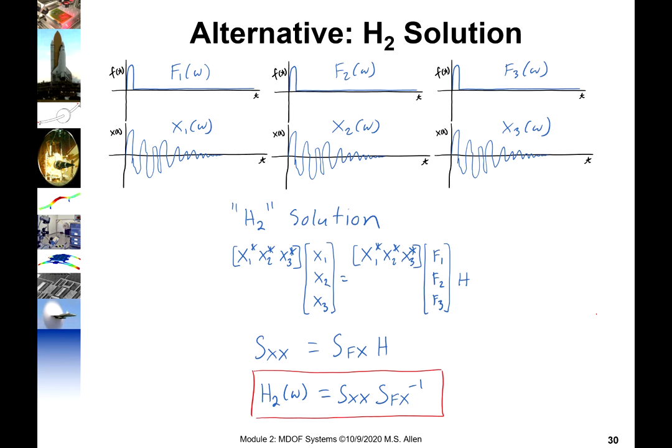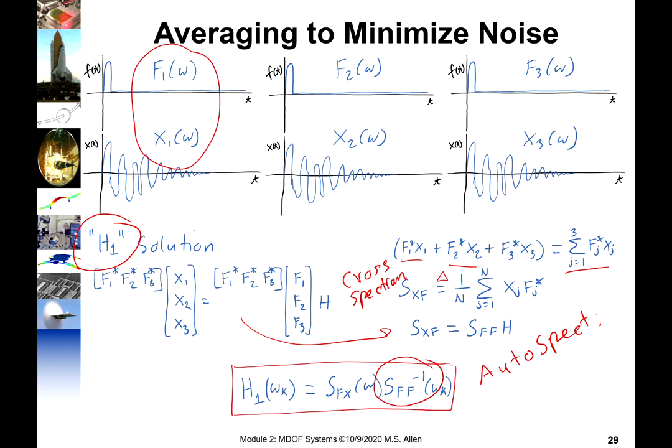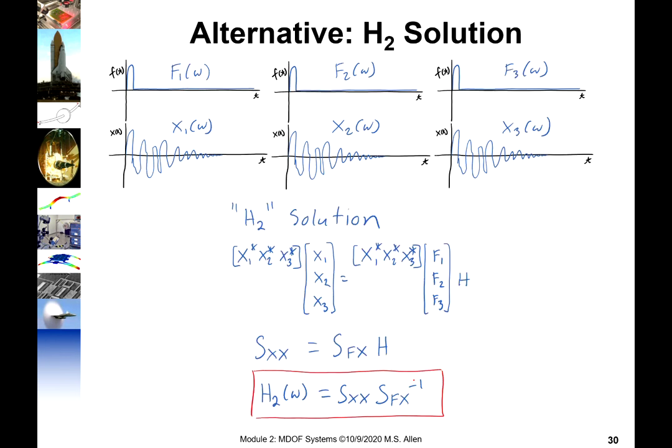And there are statistical reasons why one or the other can be better. In cases where the force has low noise, this is considered to be the least biased, the most accurate. In cases where the response sensor is thought to be less noisy, this approach can be better. And you can show that it's unbiased as long as the response sensor noise is small.